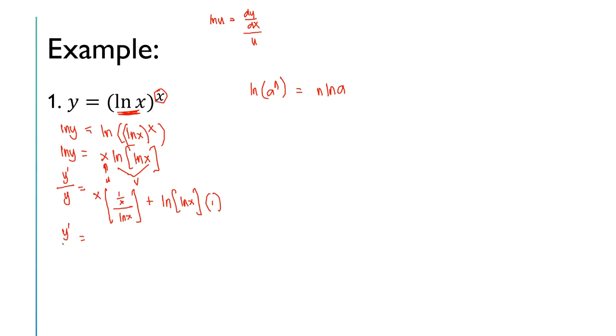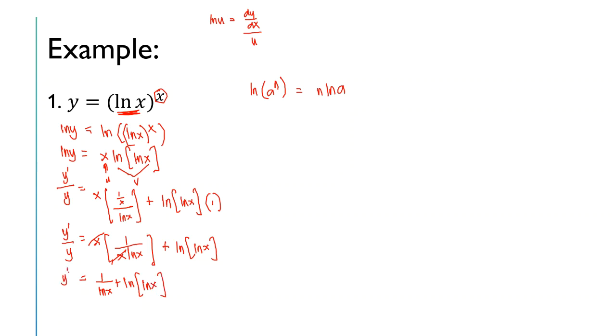We have y prime over y on the left side, and on the right, x times 1 over x ln x plus ln of ln x. Then we can cancel this x and the x in the denominator, so what we have left is 1 over ln x plus ln of ln x.